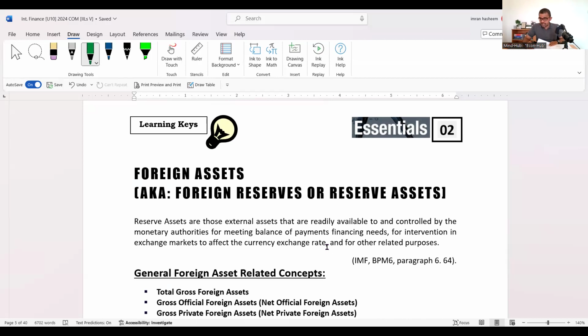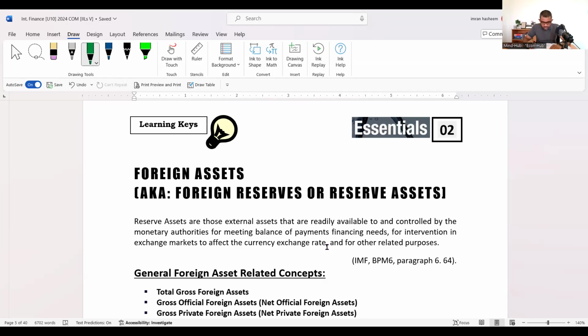They define reserve assets as those external assets that are readily available to and controlled by the monetary authority, so that means the central bank, for meeting balance of payment financing needs, for intervention in the exchange markets to affect the currency exchange rate, and for other related purposes. So that is what we call foreign assets or reserve assets. We can't change the definition. That is the definition given by the IMF.